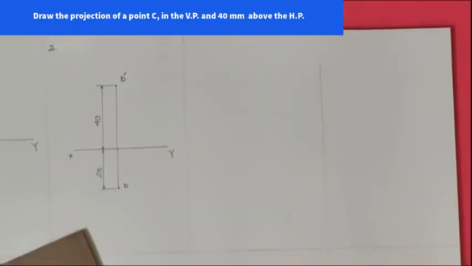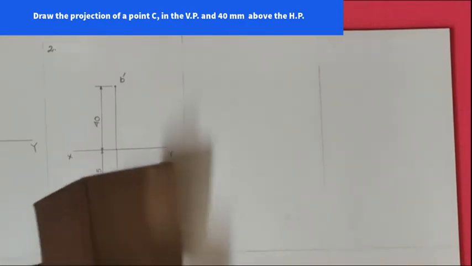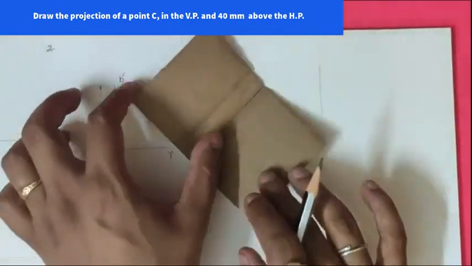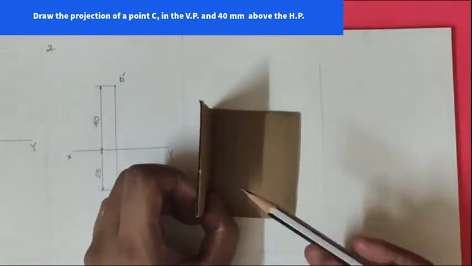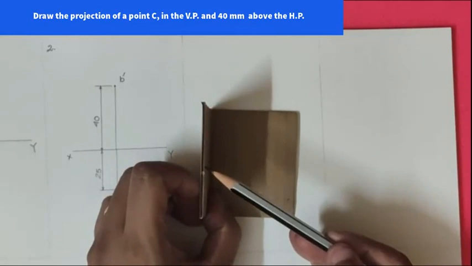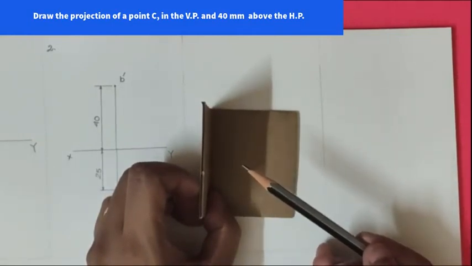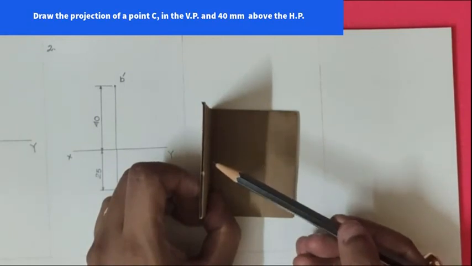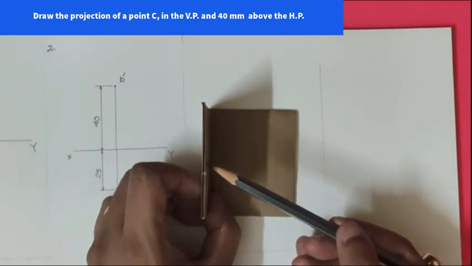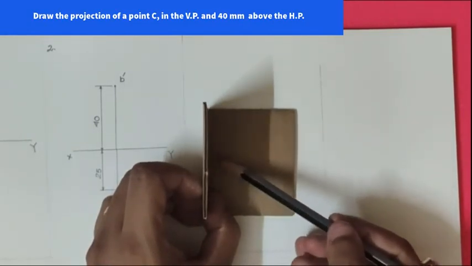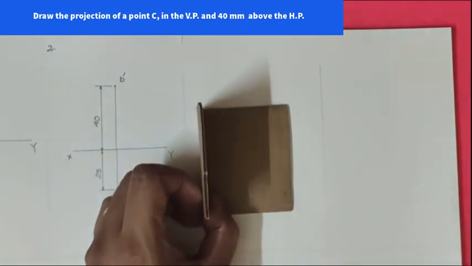Now let us take the third problem. In the third problem, you have a point C which is in the VP and 40 mm above the HP. So the point is in the VP and above the HP, so the point will be somewhere here. You can take this in the first quadrant.